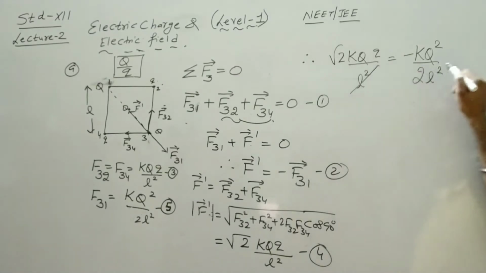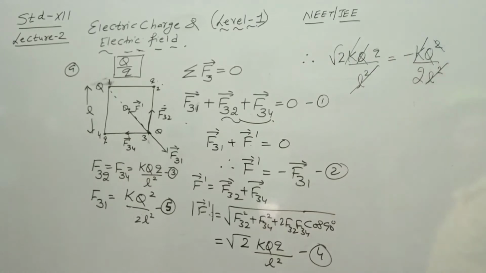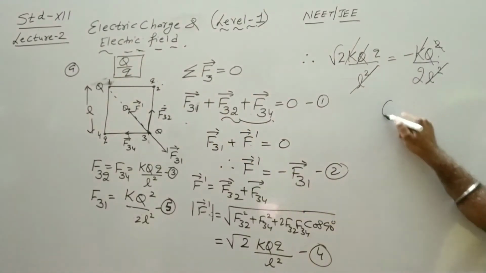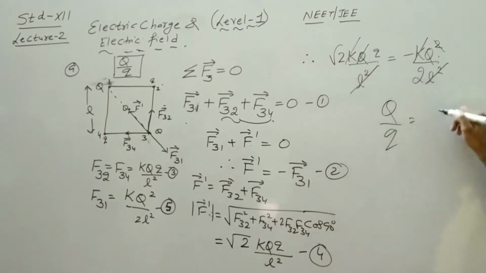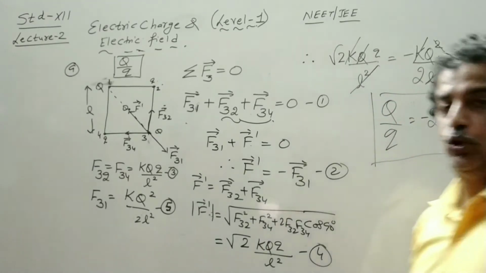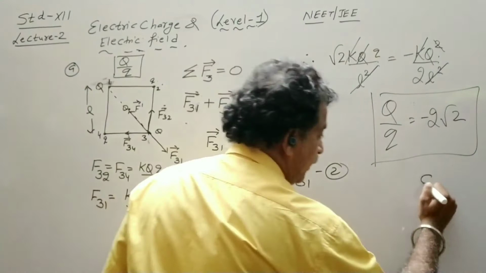So this L square gets cancelled, K gets cancelled, Q gets cancelled. You have to find out the ratio of Q by q. So taking the minus sign there, the ratio comes out to be minus 2 root 2, that is option number A.